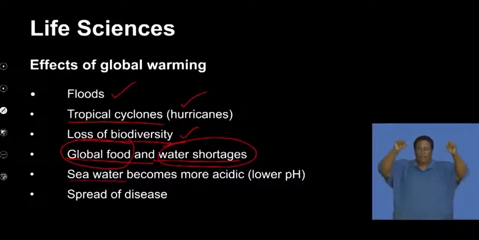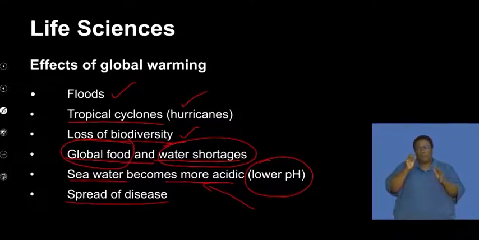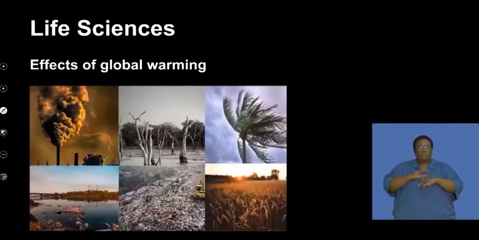Seawater becomes more acidic, the pH is becoming significantly lower, and this means that it's going to affect our fishes and microscopic organisms that contribute to sustaining aquatic life and biodiversity, and in turn will impact the availability of seafood for humans. And the spread of disease has also increased globally because of global warming.